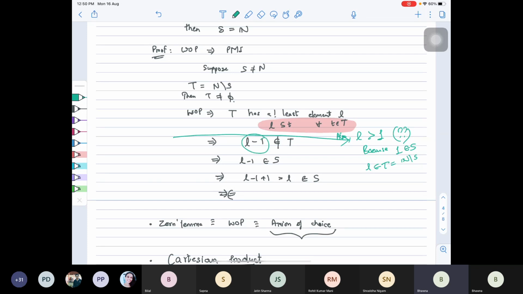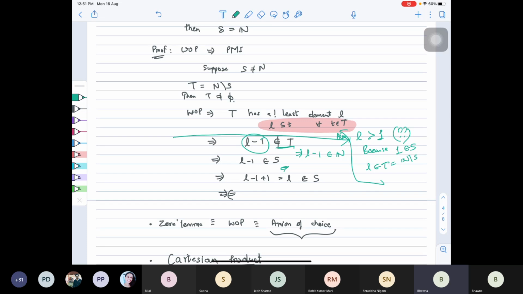Therefore L minus 1 belongs to N; it will be a natural number. A natural number which is not in T will be in S. So this reasoning was missed.